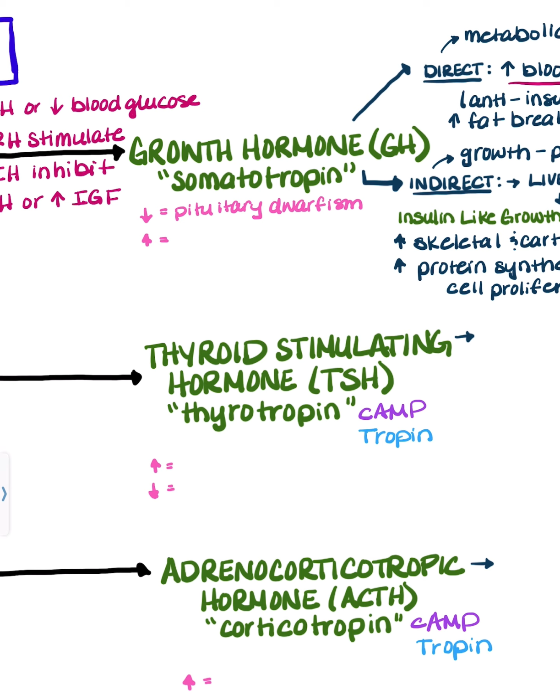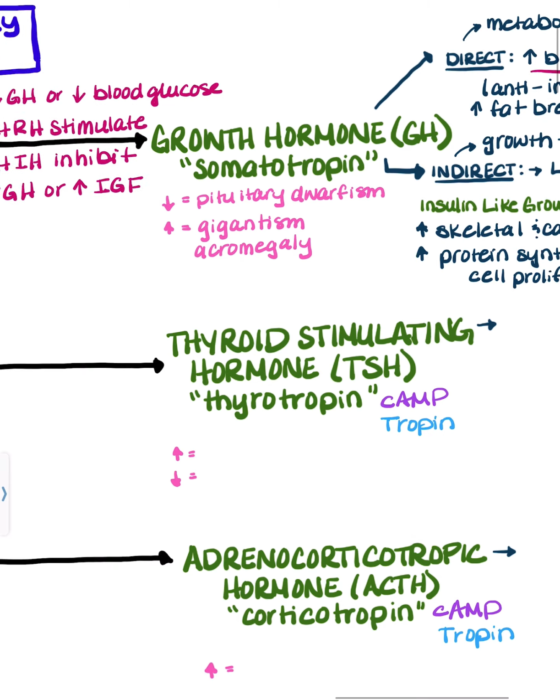Typically, the child or adolescent in adulthood would reach a max height of around 4 feet. We can have the opposite effect if we have hypersecretion of the growth hormone, in which we can get gigantism in a child or something called acromegaly in an adult, where we can reach about 8 feet in height.